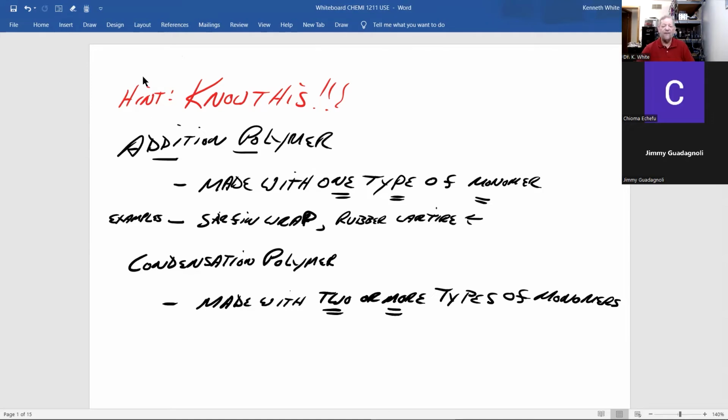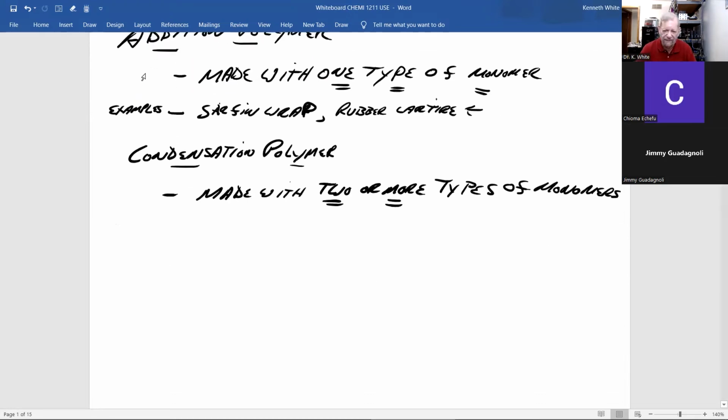So if you have a condensation polymer, it's made of two or more different monomers.